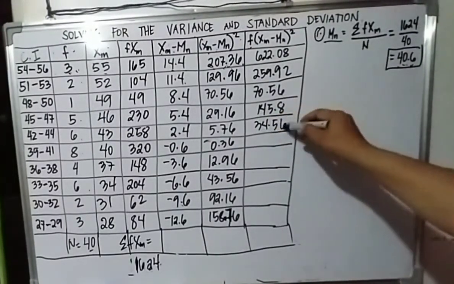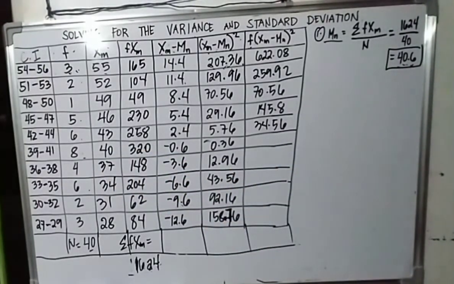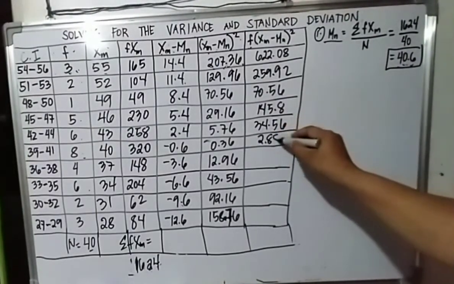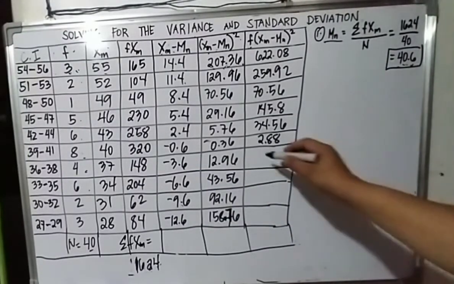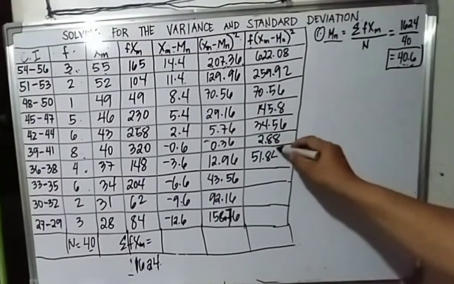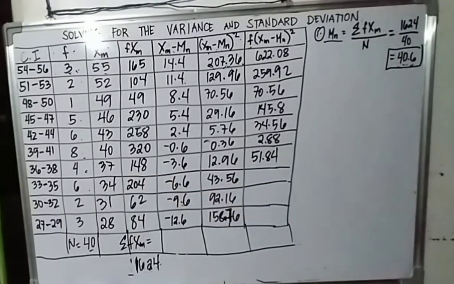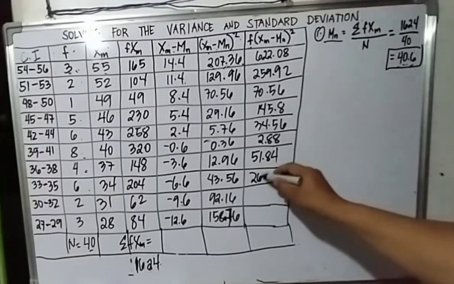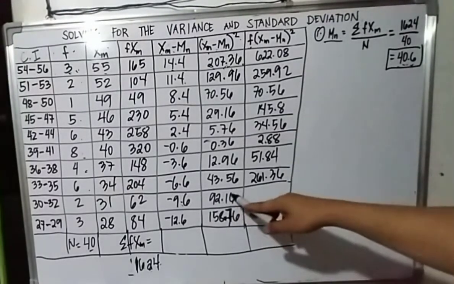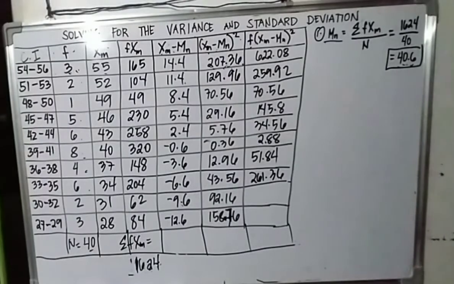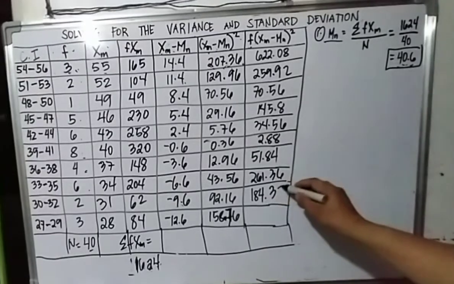34.56. Next, 8 times 0.36, that is 2.88. Next, 4 times 12.96, that is 51.84. Next, 43.56 times 6, that is equivalent to 261.36. Then 92.16 times 2, that is equivalent to 184.32.